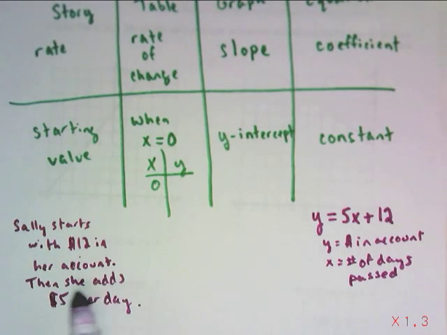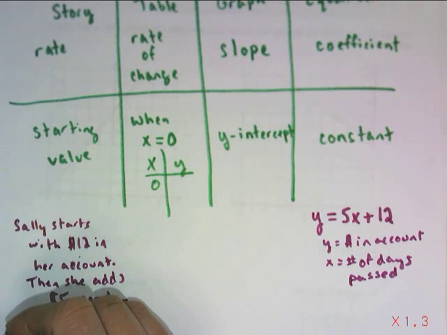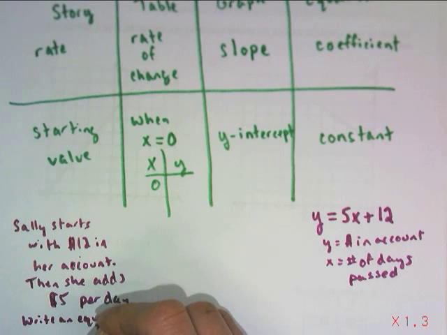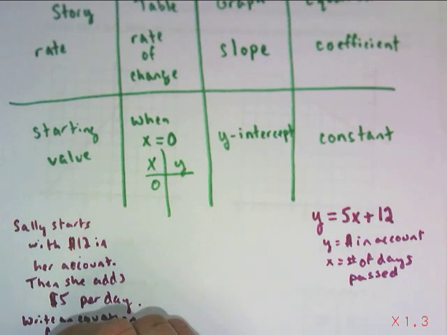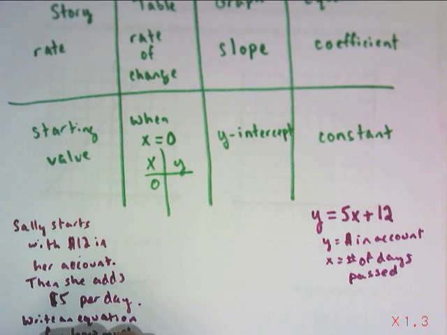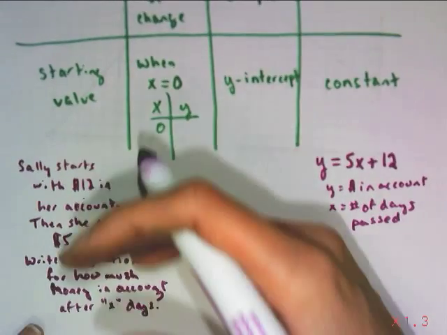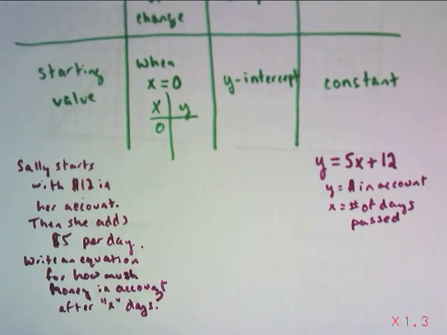We can say something like, write an equation for how much money in account after x days. Okay? So very general question, because I can ask about any particular day or any particular amount.